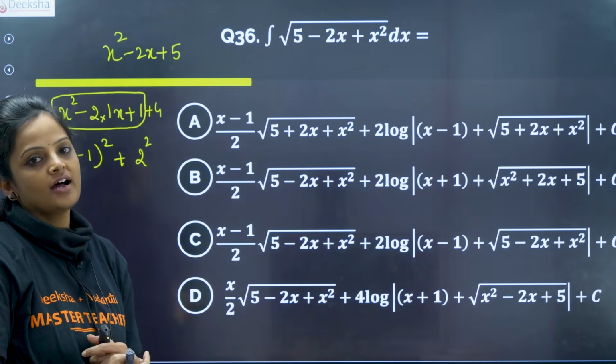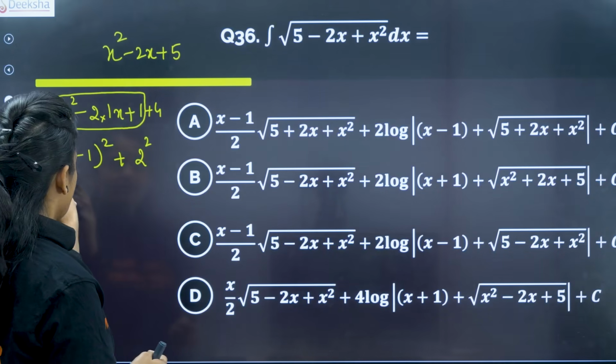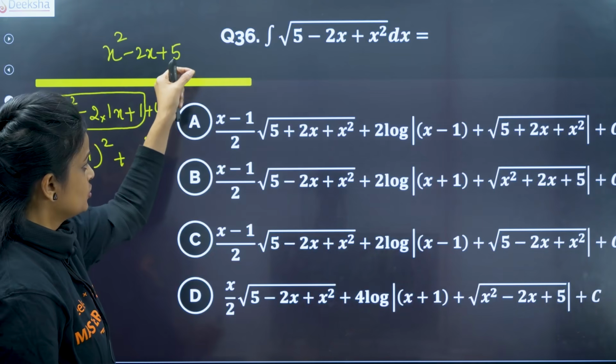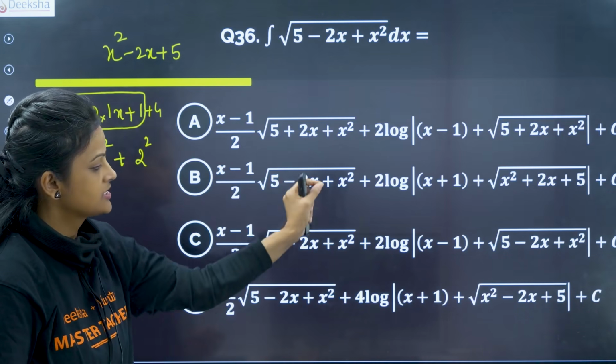This is enough to tell the answer actually. As soon as (x minus 1) whole square comes, you check the option where x minus 1 is there.